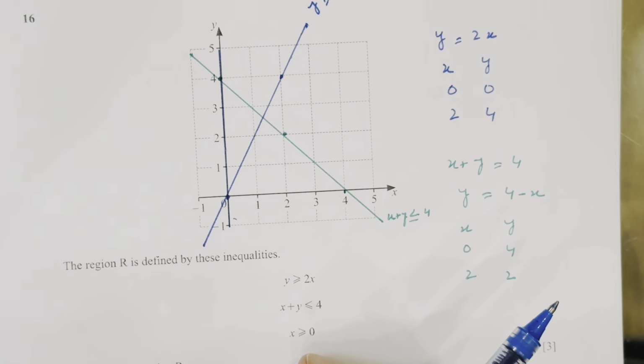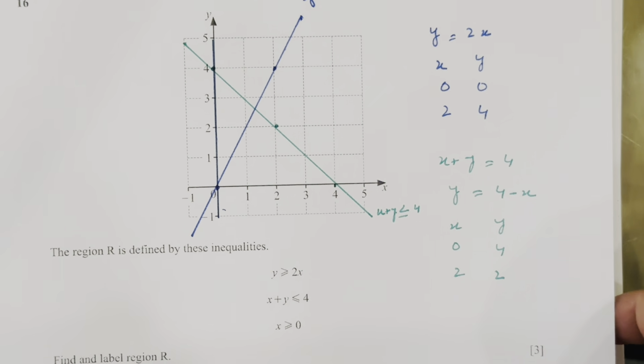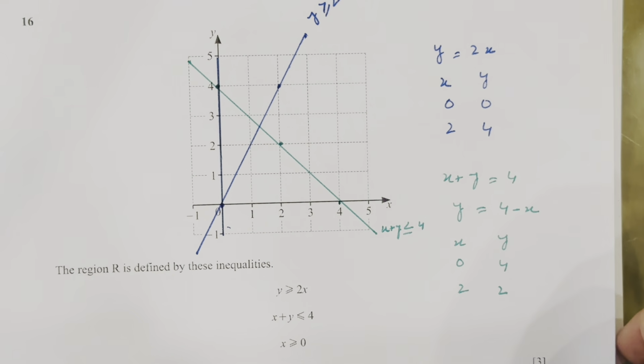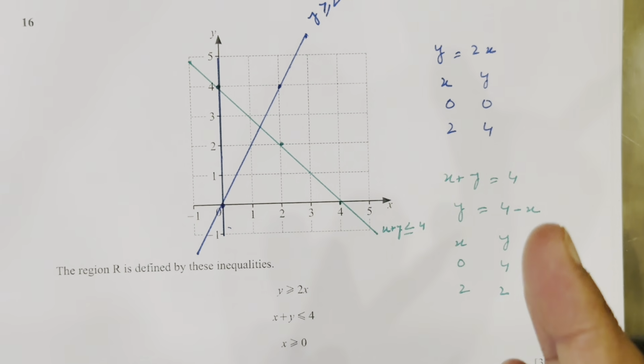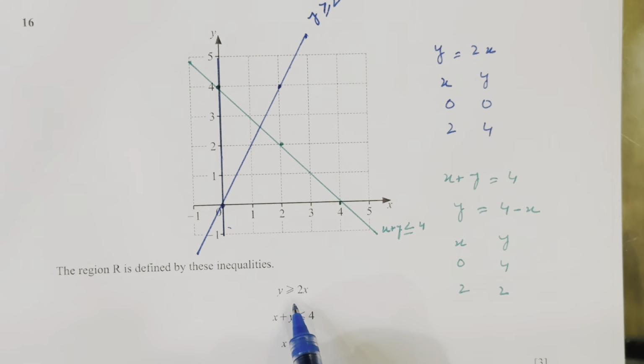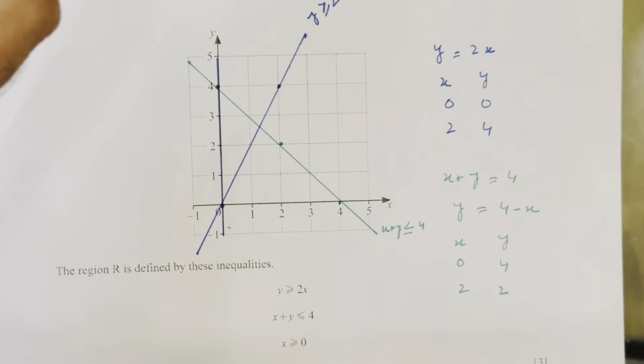Now we need to find and label the region R. Okay. Y is greater than or equal to this line. It means greater than, it means its upper end should be shaded.